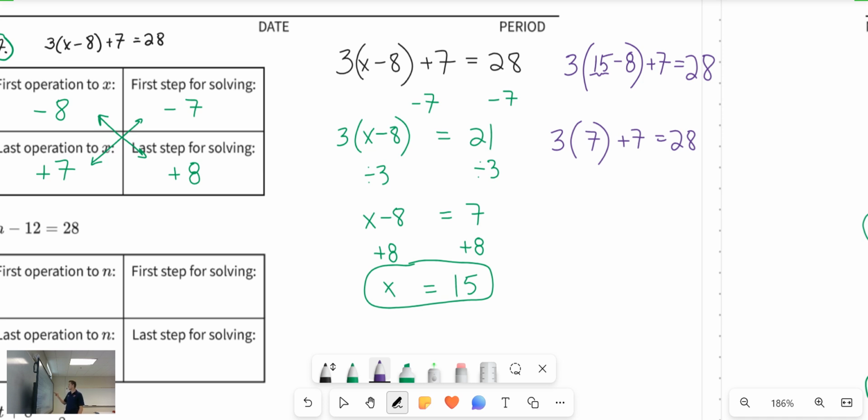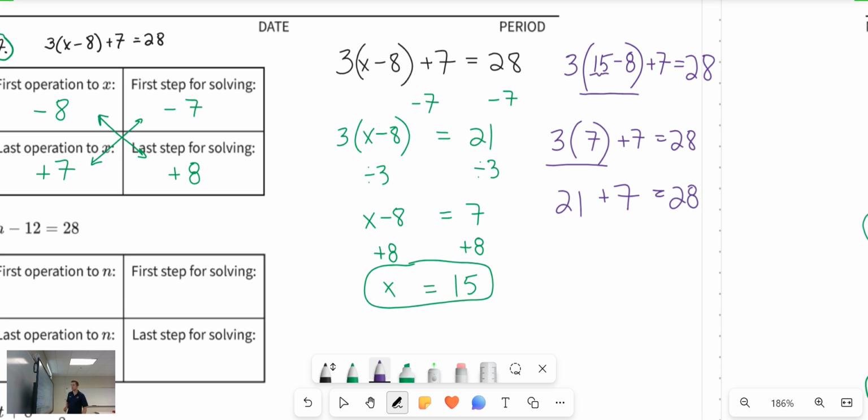And then what's the next thing we would do? Well, next we would multiply by 3, because parentheses are done. Exponents are next. We don't have any exponents. Multiplication or division, I see multiplication, so we do that part. 3 times 7 is 21, plus 7 equals 28.